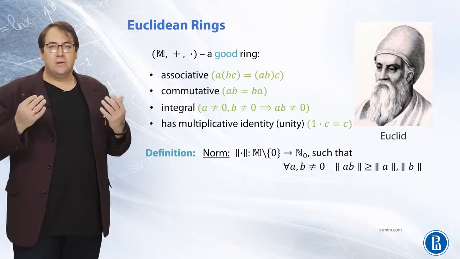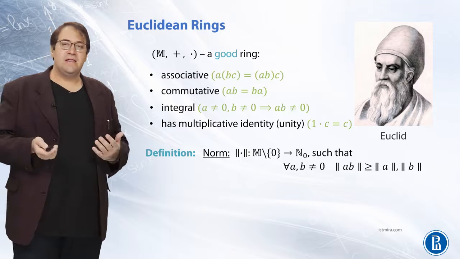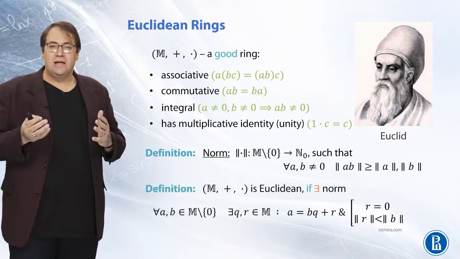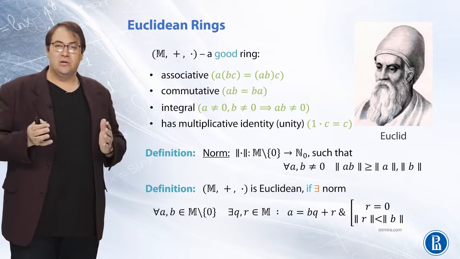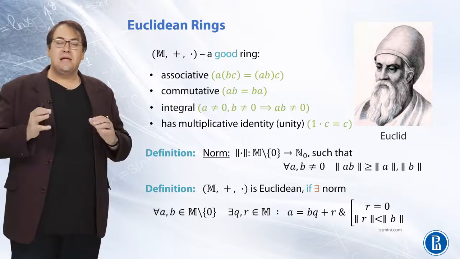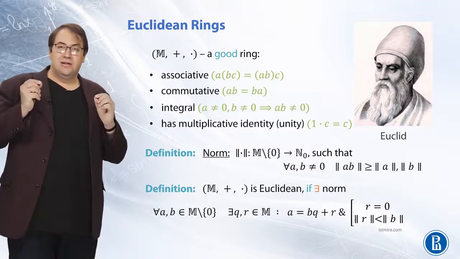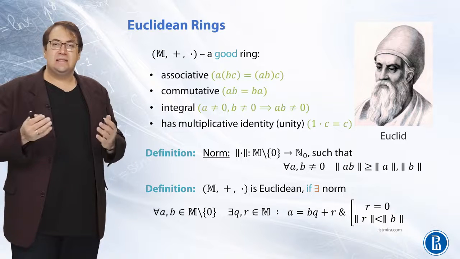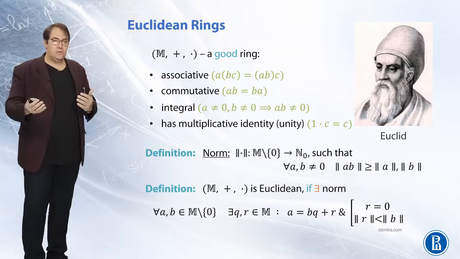Okay, now when we know what a norm is, we can define the Euclidean ring. By definition, a good ring is called Euclidean if there exists a norm such that there is division with remainder with respect to this norm.